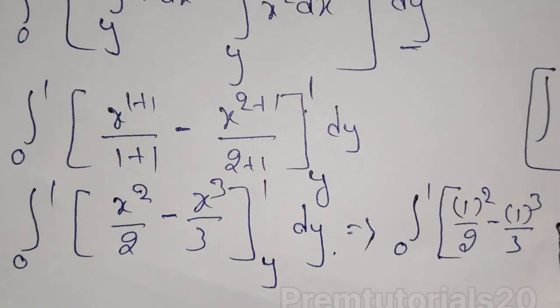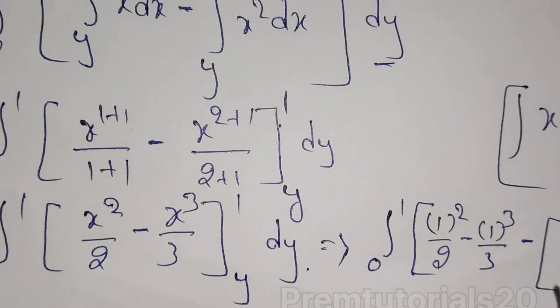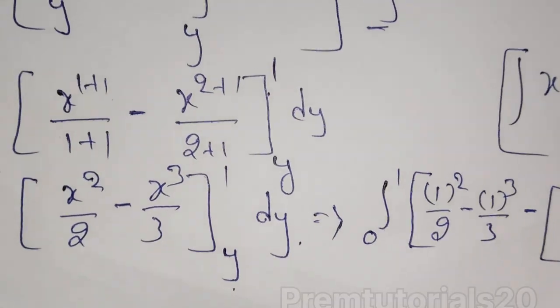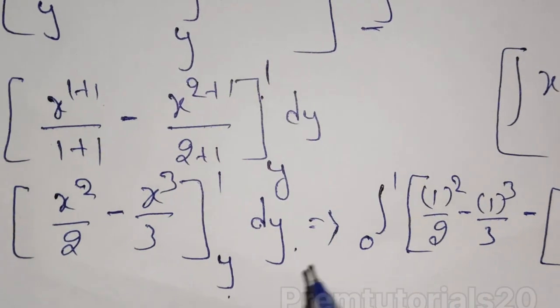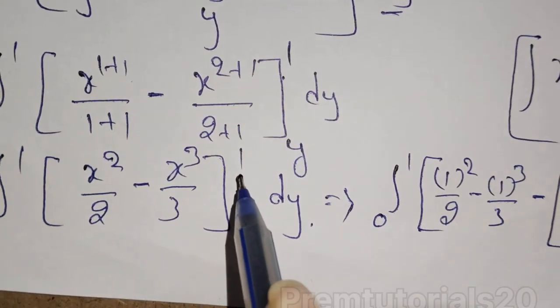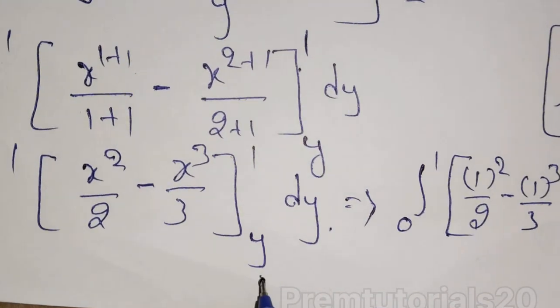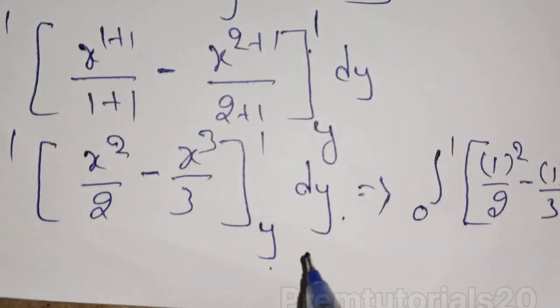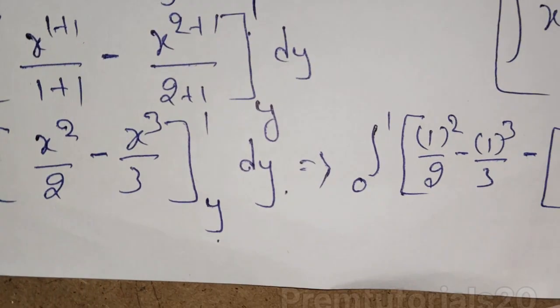Now it's time to substitute the lower limit, minus. We already know about substituting limits. In the place of the upper limit we have 1 here, and now it's time to substitute the lower limit. What is the lower limit? y. Now we can replace x as y. Now what do we get?